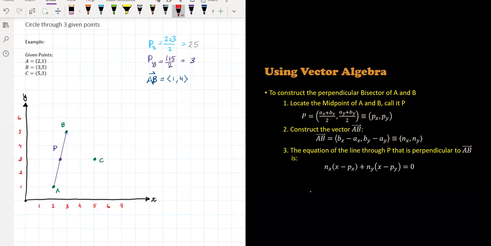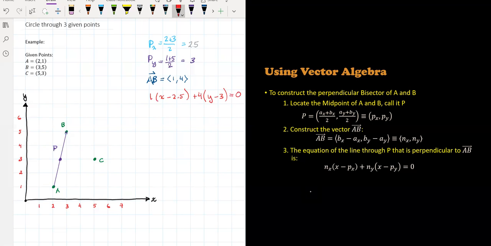So our line would be 1 times (x minus 2.5), plus 4 times (y minus 3). Okay, and you can see that it then equals 0.